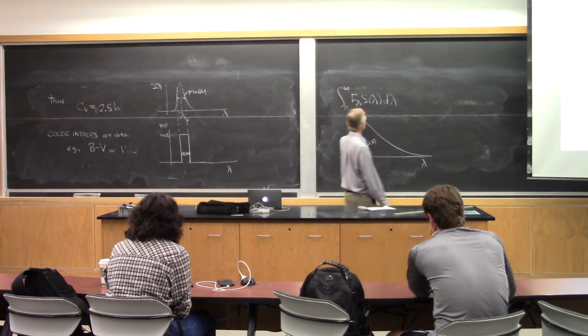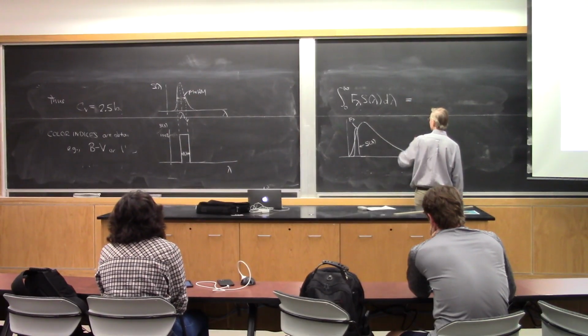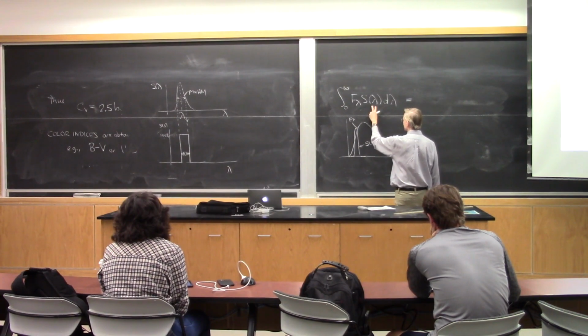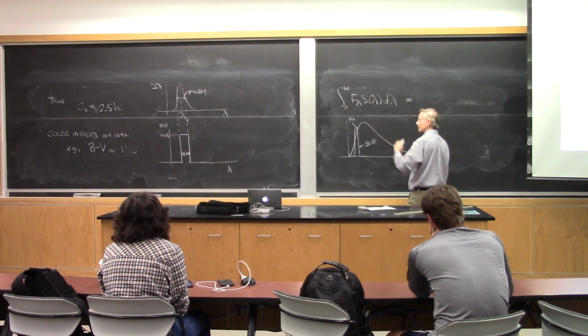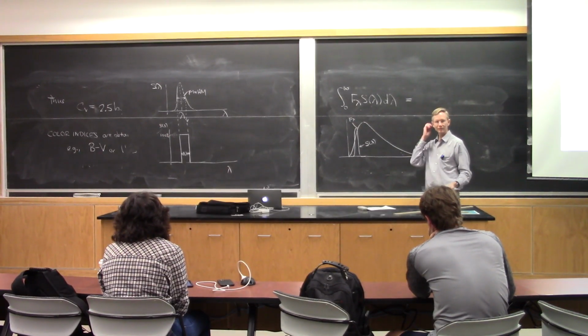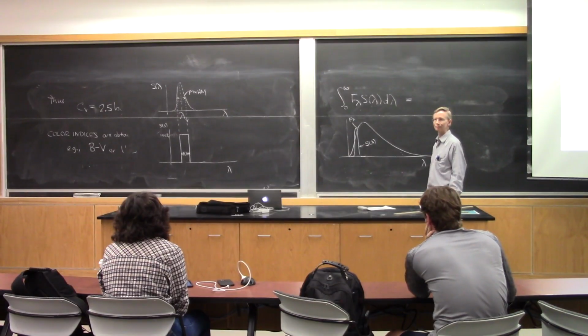How can I make an approximation to this integral? Well, now, if S is 1 in that range of wavelengths and 0 outside, how do I replace the integral with a good approximation that's much easier to do?